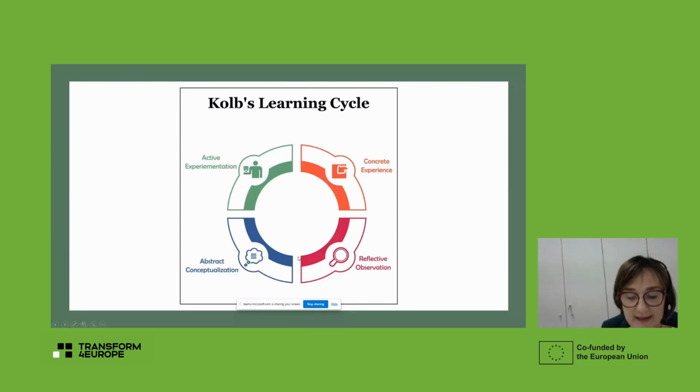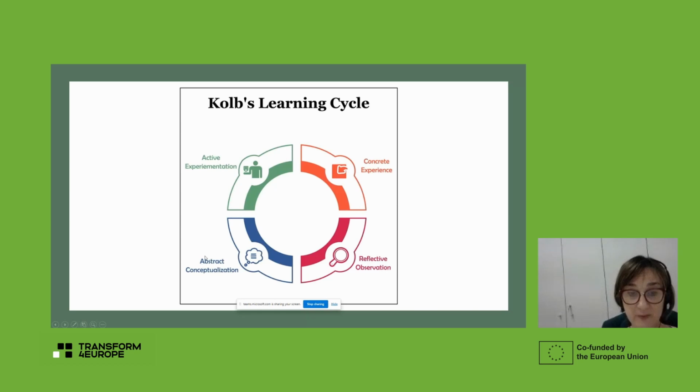And the student has to process through these cycles, first having a concrete experience of something, then followed by observation and reflection on that experience, which then leads to abstract conceptualization or the formation of abstract concepts.